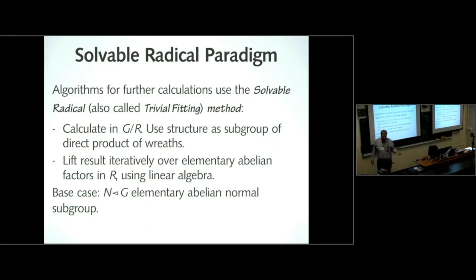And that factor has a very particular structure. It is just this big direct product of simple groups. Reduce it to these cases. This is a group which can be represented by permutations in relatively small degree, and then lift the result iteratively over elementary abelian normal subgroups one by one, always adding a vector space below.